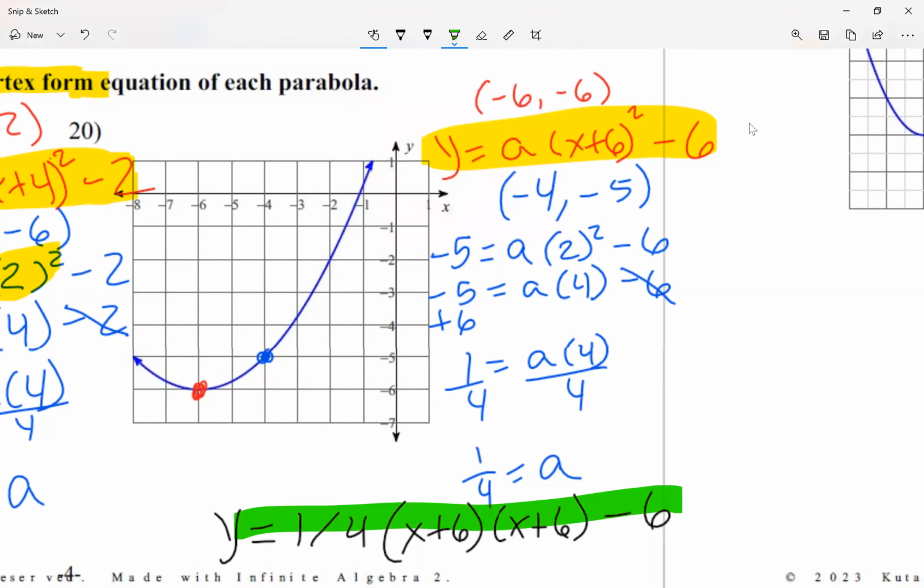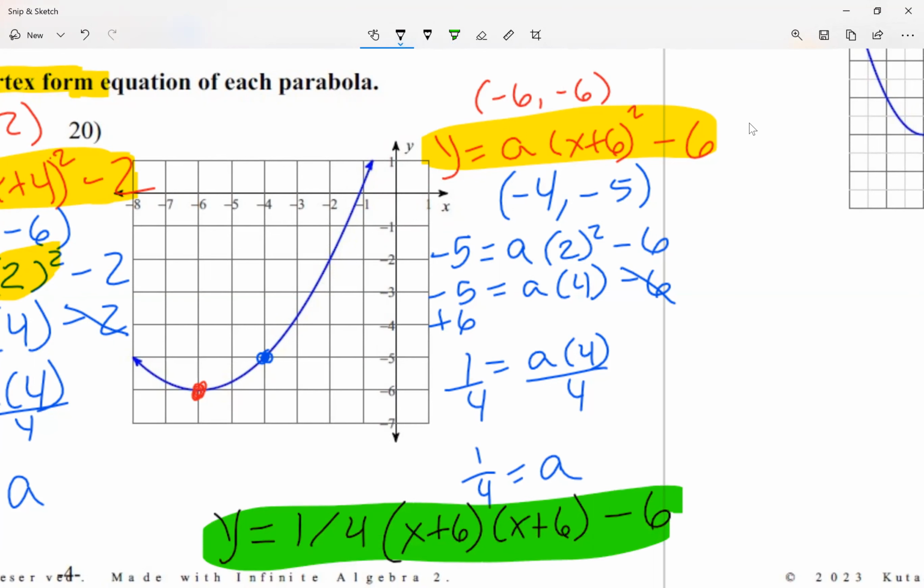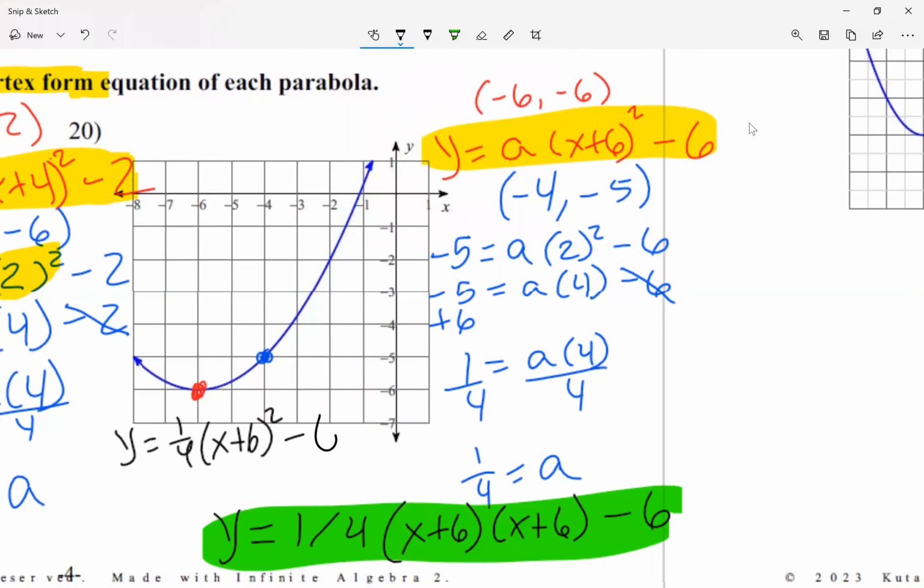So when I say I want this in vertex form, that's what I'm expecting. Now, if you guys were writing this, if writing will be much easier, right? It would be y is equal to 1/4 x plus 6 squared minus 6. Right, that's how it will be when we're writing it.